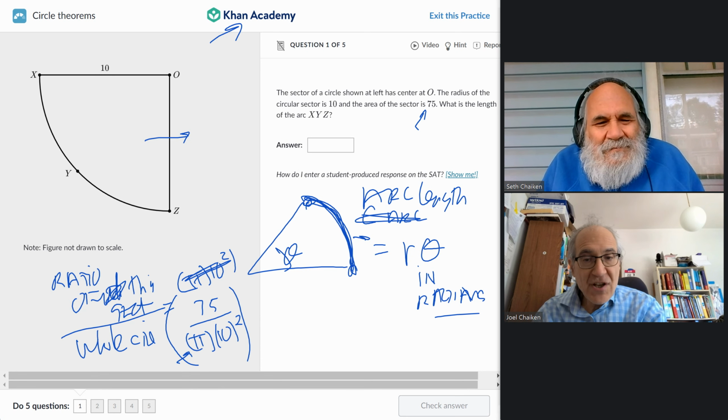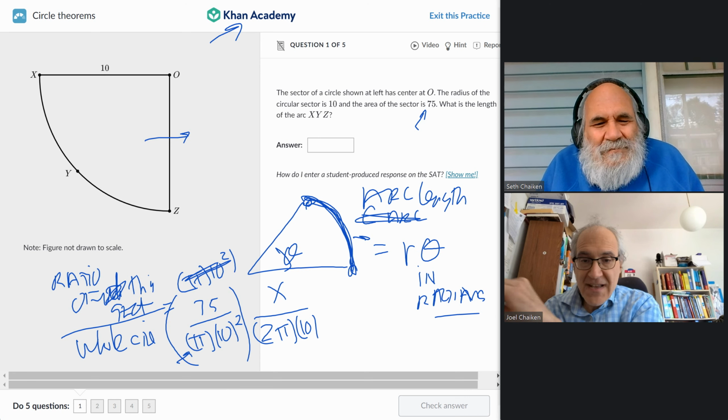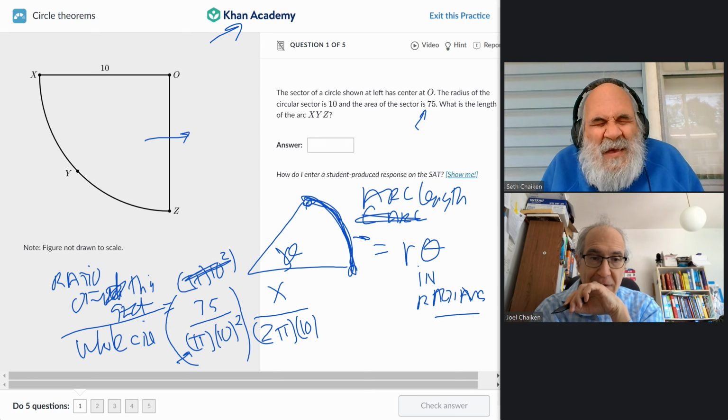It's the same ratio as what the answer is to 2 pi times 10. Now we have a problem there because of the x there. Same thing, same answer. You're saying that it goes like that, right? That's right.